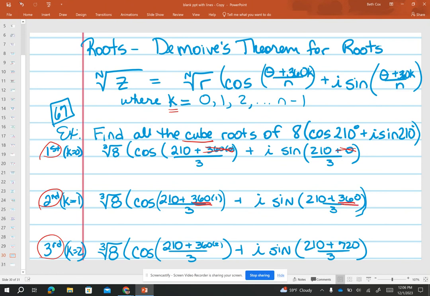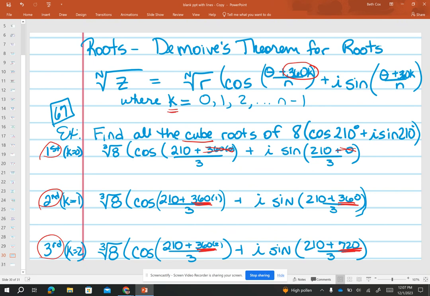And then the third one, we're going to add 360 again, also known as 720. So that's how we do it. The first one we do as is. The second one, we add the 360 degrees to it. And then the third one, we add 720. And if you keep going, you keep adding another 360. So that's what this 360k means.